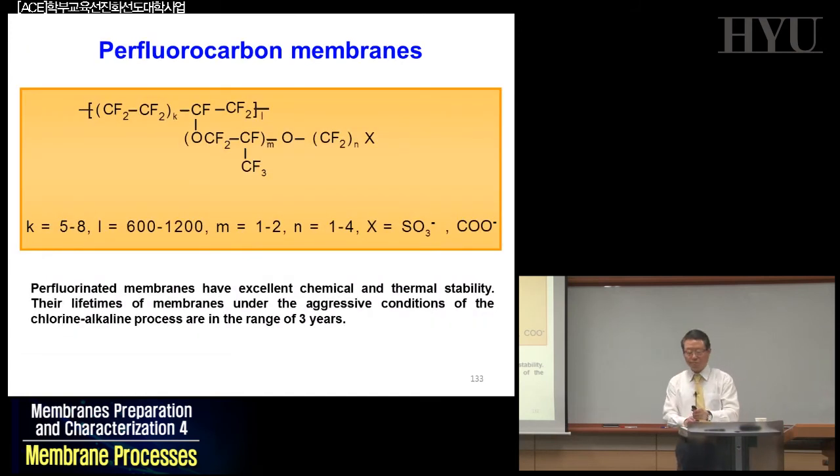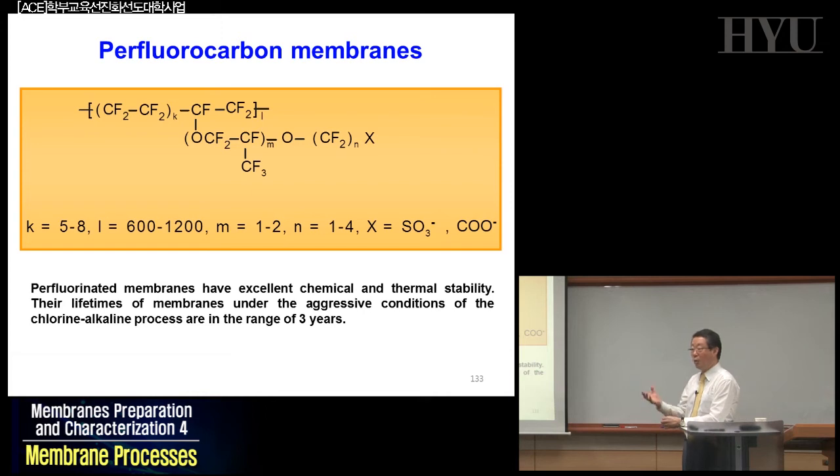Typical ion exchange membrane containing sulfonic acid group is Nafion. This Nafion was manufactured by DuPont in 1970s, of course 60s and 70s, because of the space program in the United States. NASA needs the energy in space, from the space shuttle, because they need to regenerate their urine.